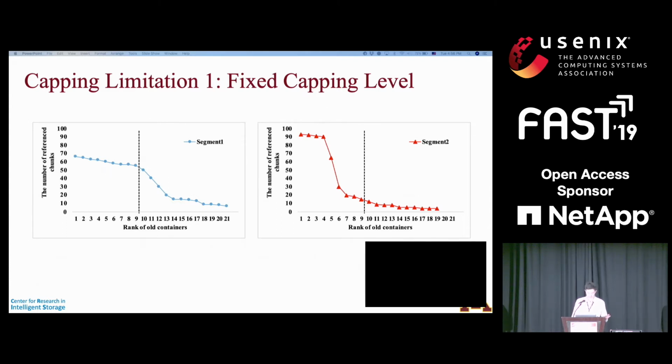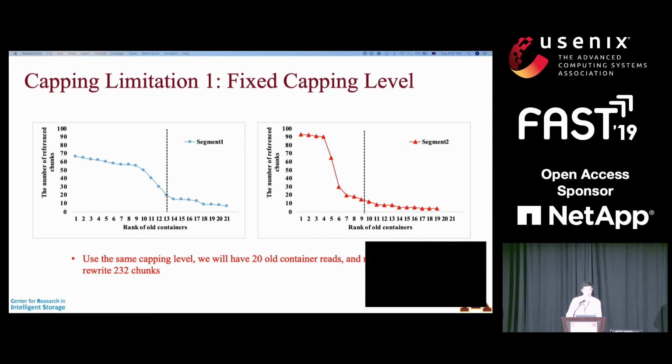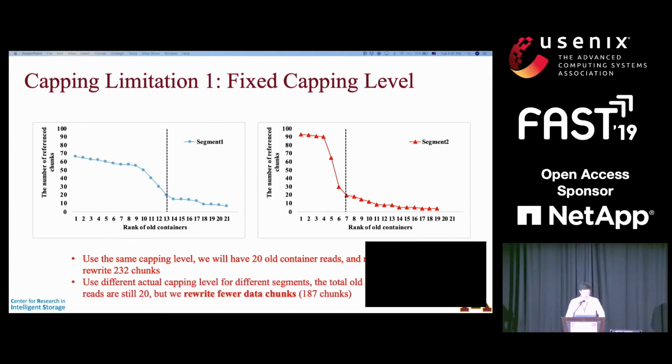So that's the capping, but from the 2 examples, we can see maybe we can move the capping level to the left or to the right. For this one, actually, we can rewrite fewer chunks and just tolerate 3 more container reads. For the right side one, we can move to the left because we can tolerate more rewrites and then save on the container reads. The final result is we still have about 20 old container reads, but we rewrite fewer of these chunks. So that's the first limitation.